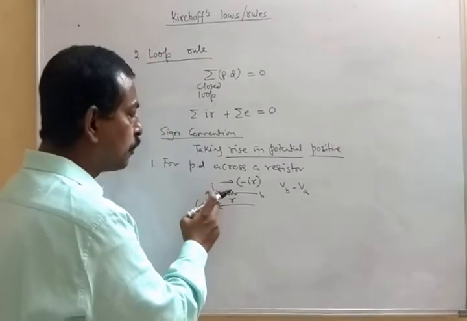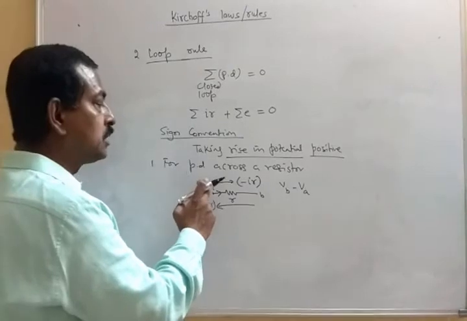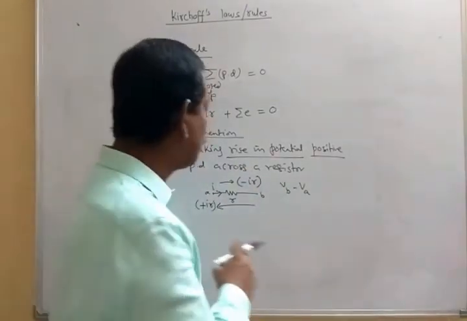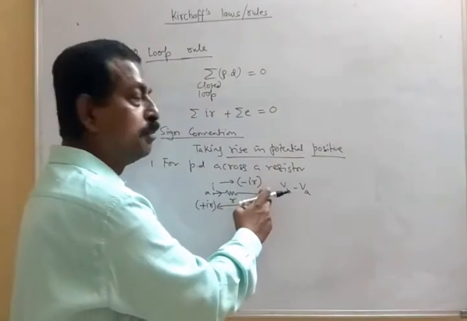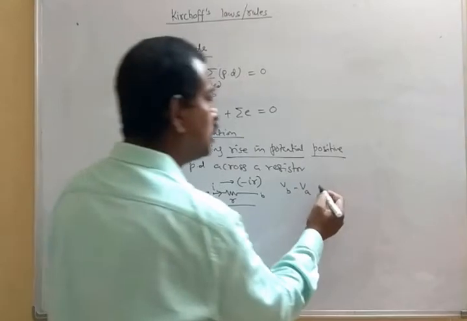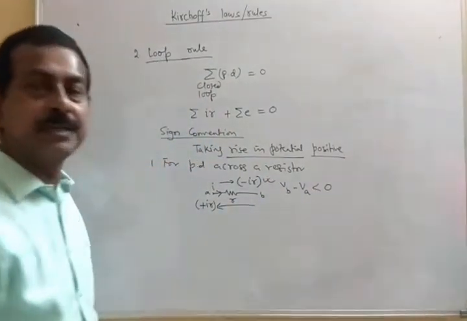If current is going from left to right, it is going from higher potential to lower potential. Obviously, the potential of A is more than that of B, so B is at lower potential than A. So this term will be negative, and that is why we take this as negative.